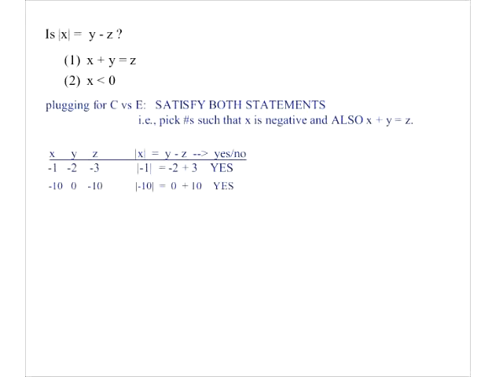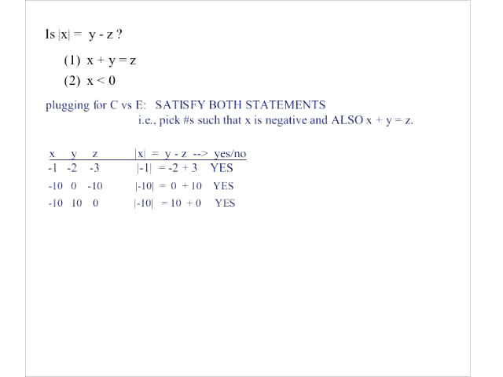So, okay. Other x's, you can also try negative 10 and then 10 and then 0. Does the absolute value of negative 10 equal 10 plus 0? That's also yes.